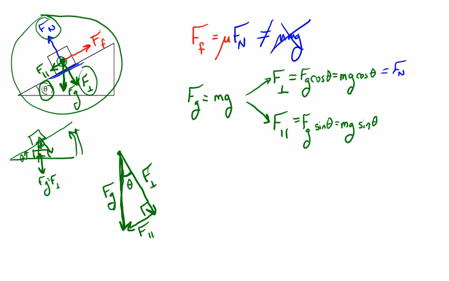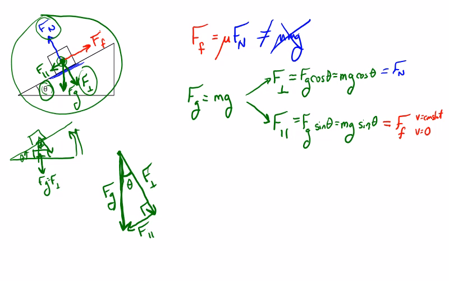Now, the parallel force, the force of gravity pulling it down, if this box moves at constant velocity down the incline, or it doesn't move at all, then they're equal to each other. So they could potentially equal the force of friction if it moves at constant velocity, so velocity is constant, or velocity is equal to 0.